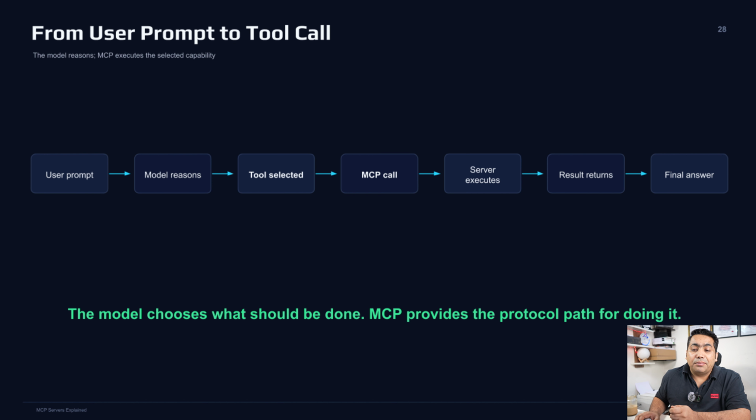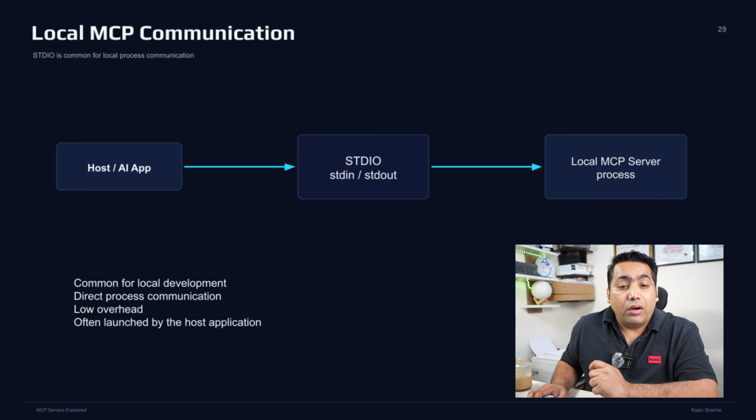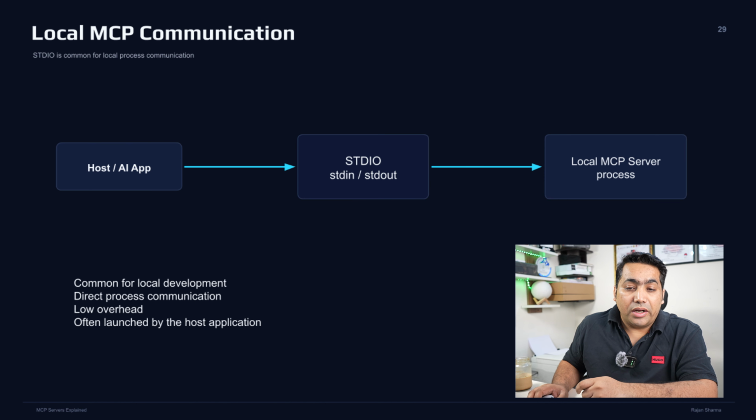Now let's talk about the communication. For local MCP, stdio is common. That means the host launches or connects to the local server process and communicates through standard input and standard output. This is very useful for local development and desktop style integrations.